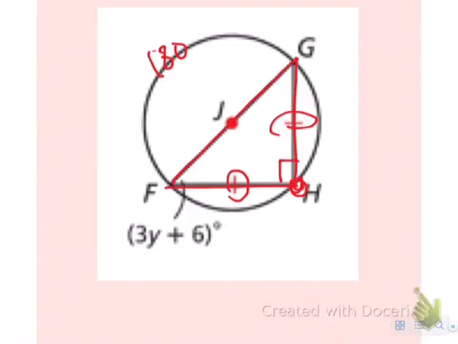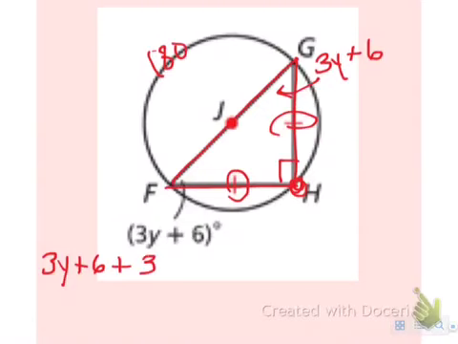So that's going to give me, this angle right here is also equal to 3y plus 6. And if I go back to my theorem that the acute angles in a right triangle are complementary, I can say 3y plus 6 is one acute angle. Add the other acute angle, 3y plus 6. And we know the acute angles are complementary, so they equal 90.